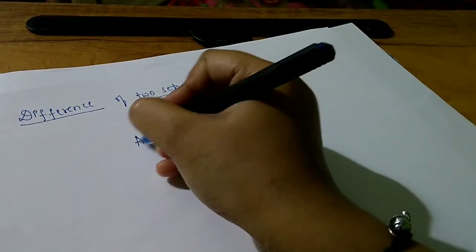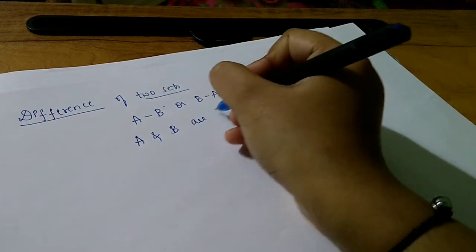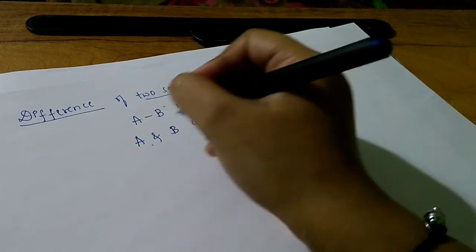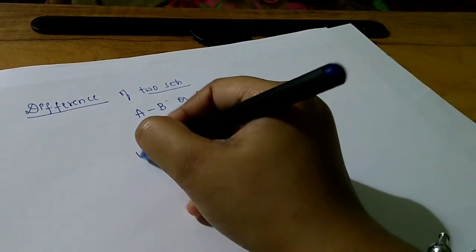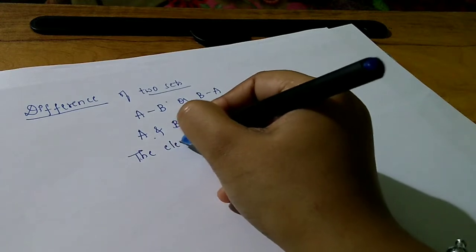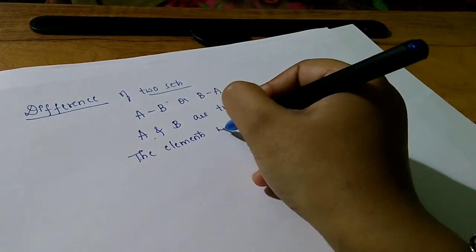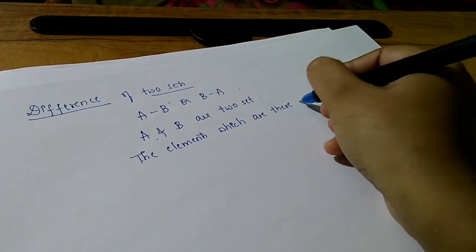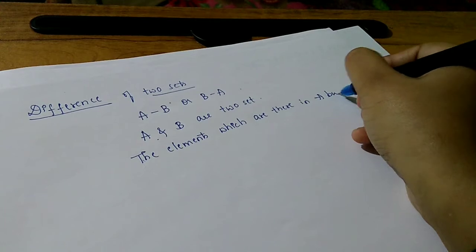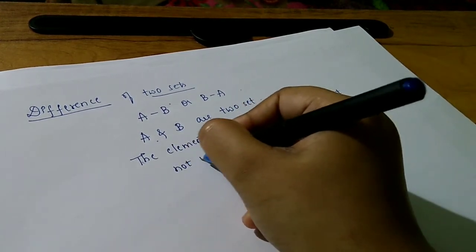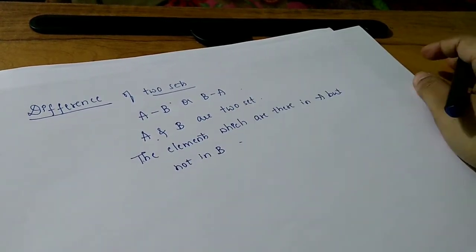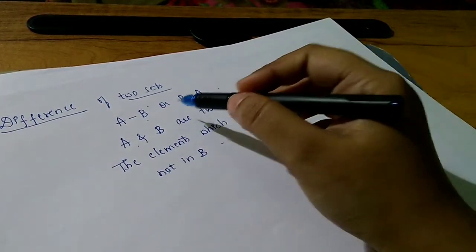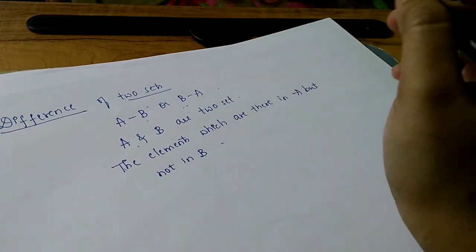If A and B are two sets given to you, then the elements which are there in A but not in B are called the difference, A minus B. If it is B minus A, the elements which are there in B but not in A.